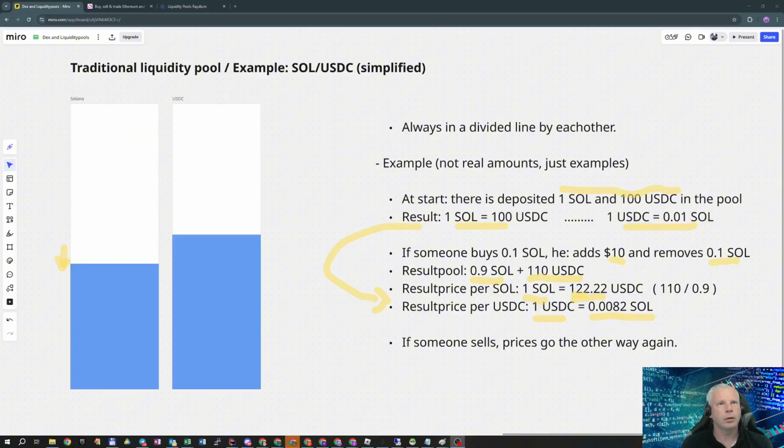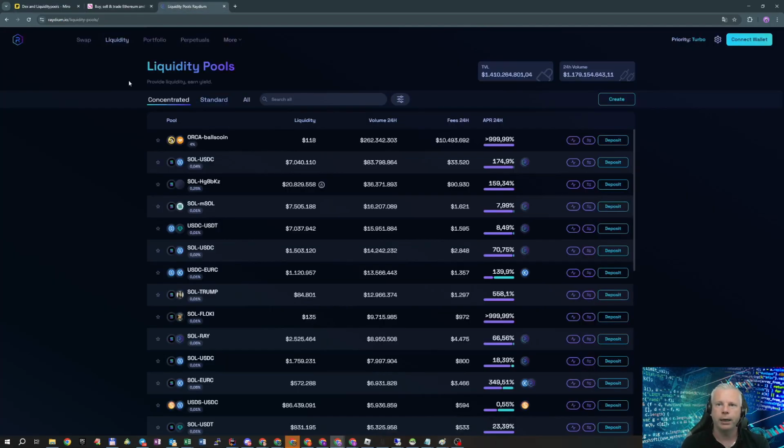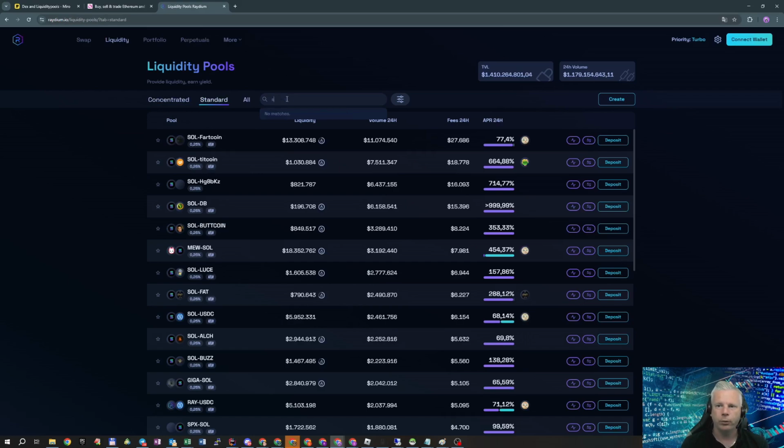Okay, guys, I just forgot that I would also show you how these liquidity pools look in actual form. We are here on Raydium, which is one of the DEXes of Solana, and we can just check here for Solana.